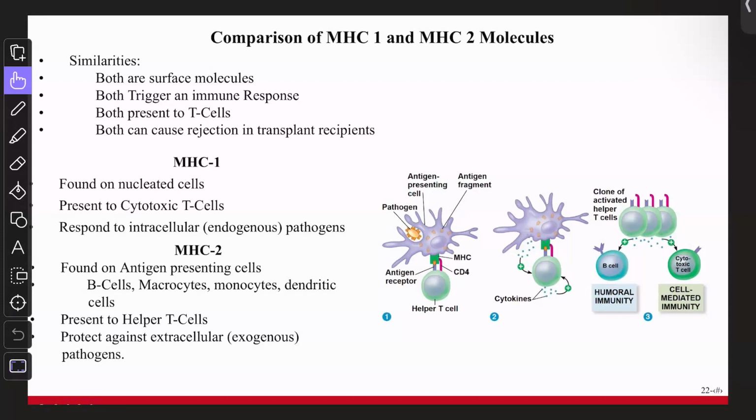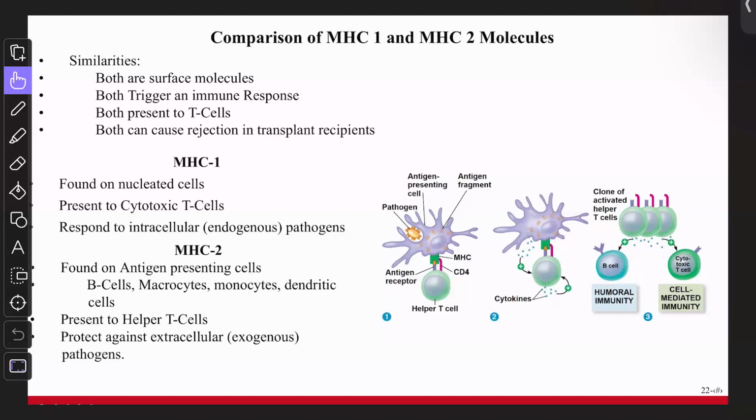intracellular or extracellular pathogens. Okay, this is why if I have an MHC2 molecule on an antigen presenting cell, it's going to get presented to a helper T cell. Because then that helper T cell will evaluate, okay, is this an intracellular pathogen that I'm working with? In which case I need to alert the cytotoxic T cells.